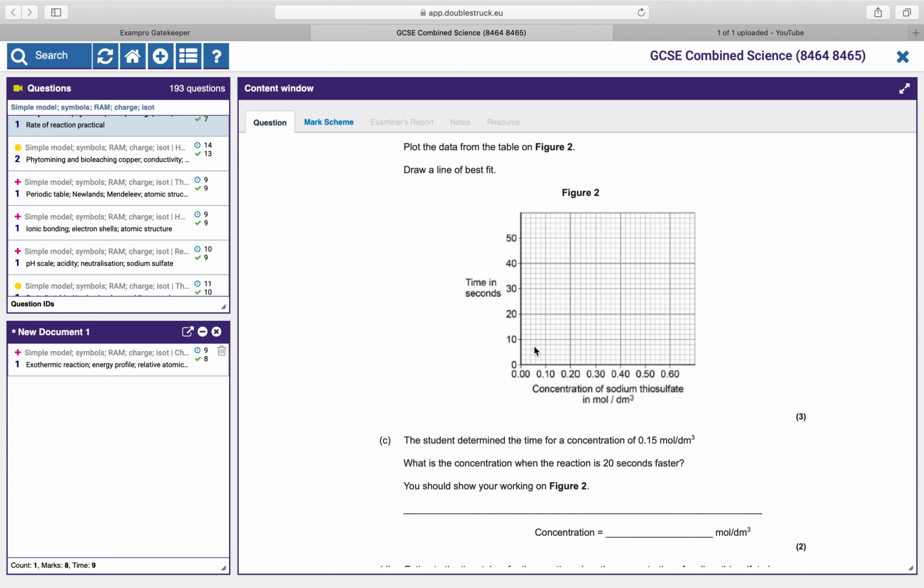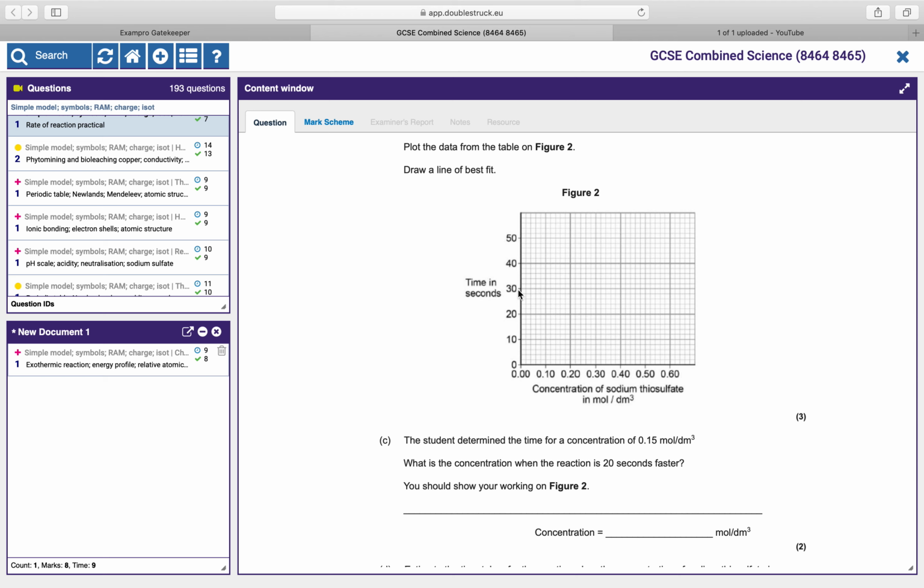You look at 0.15, and then you would go up to your line, wherever it is. Let's assume it's 30 or something. So you go up to your line and it would be 30.